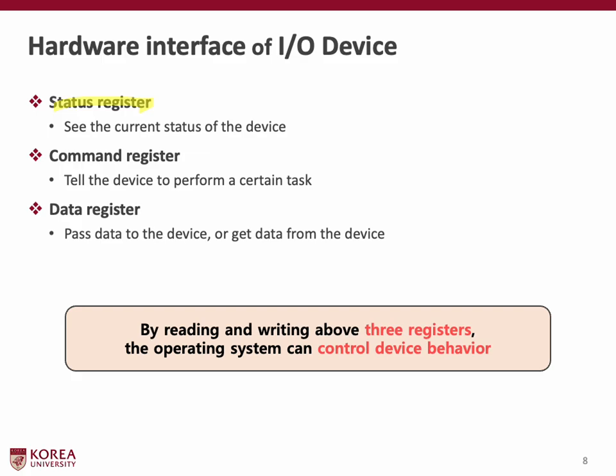And secondly, there is a command register, which lets the operating system tell the device what to do. And there is a data register, which is used to send or receive data. So by reading and writing these three registers, the operating system can fully control the behavior of the I/O device.